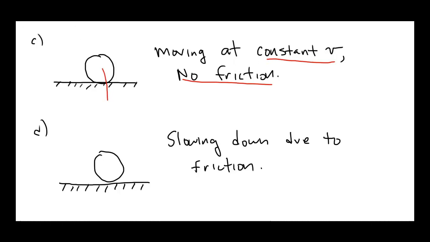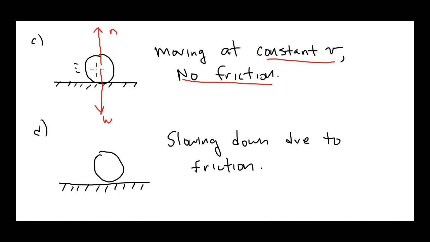We know that there's gravity, right? That's weight. We know that's present, always there, assuming we're on Earth. And we know that there's a normal force up. I'll just call that N for now. So those two forces are present. But it says here that the object is moving at constant velocity and there's no friction. Let's just assume that the rock is going this way. It's going to the right.